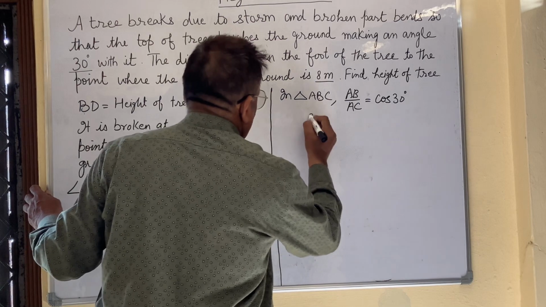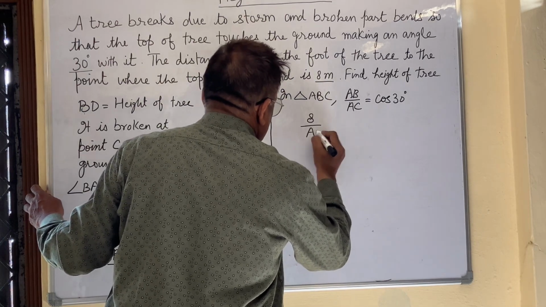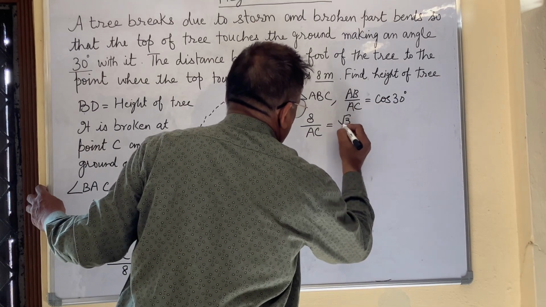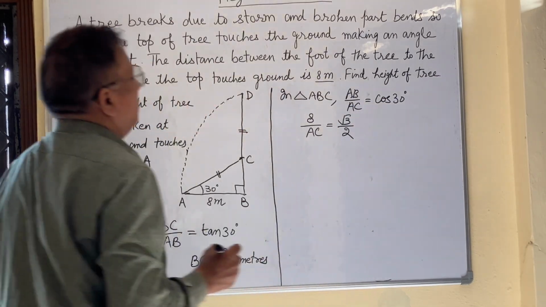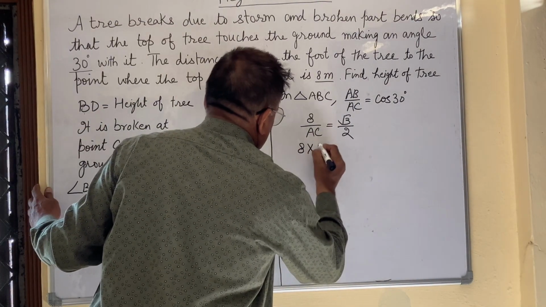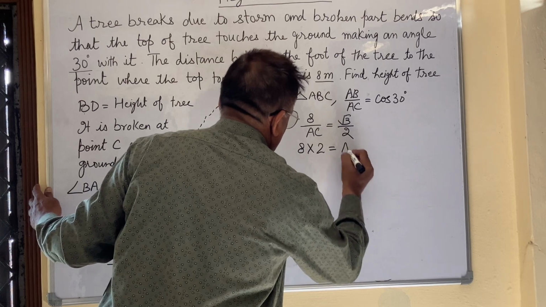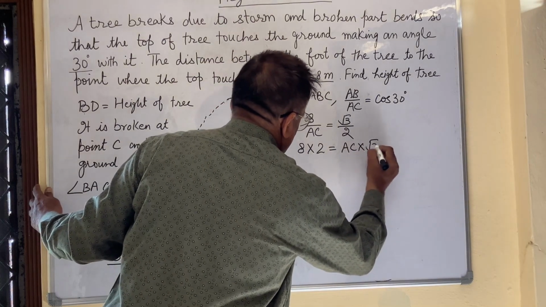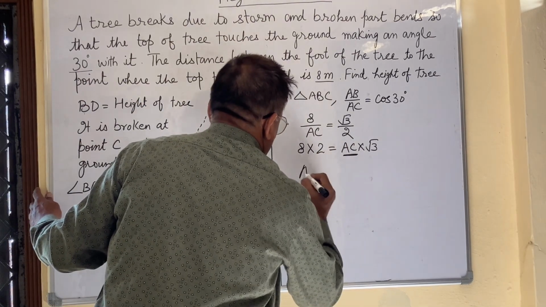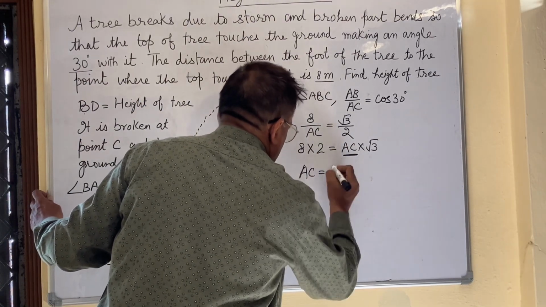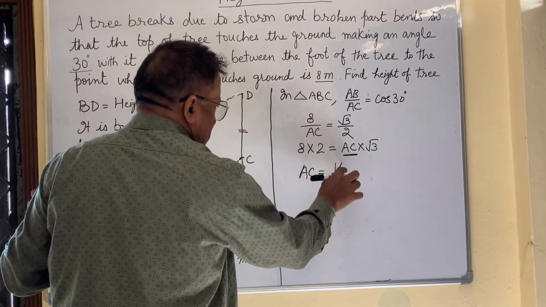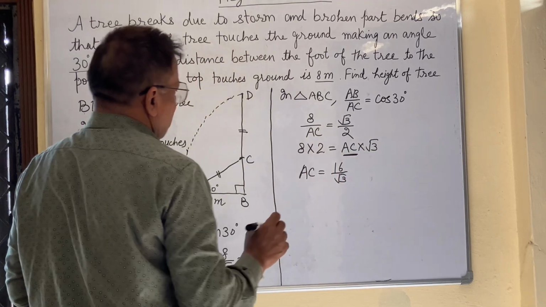AB is 8, AC is not given. Cos 30 is root 3 upon 2. Cross multiply. 8 multiply 2 equal to AC multiply root 3. What is the value of AC? AC equal to 16 upon root 3 meters.